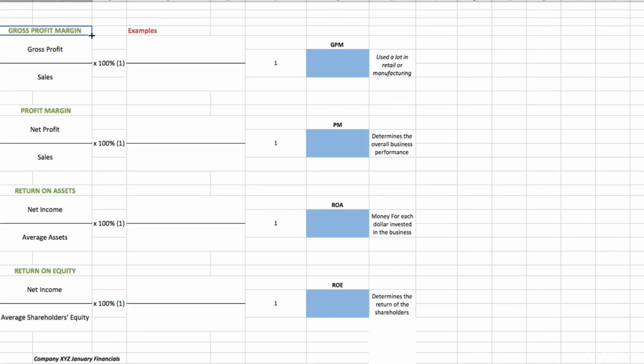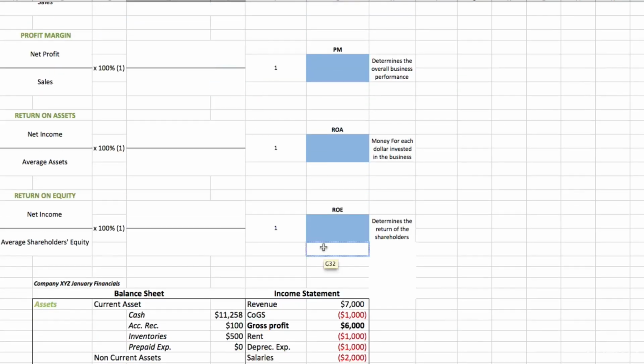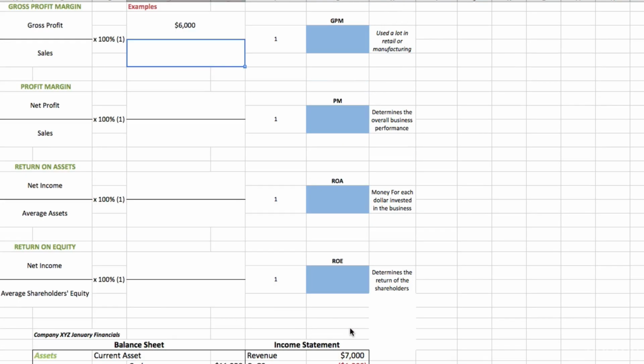Now, having said that, let's compute our first profitability ratio, the gross profit margin. The gross profit margin is given by gross profit over sales. Now, let's go on and compute it. We are going to take our gross profit from our income statement and then our sales from our income statement as well. As you can see, the gross profit margin in this case is very high, it's 86%, and this is a business which is very profitable.